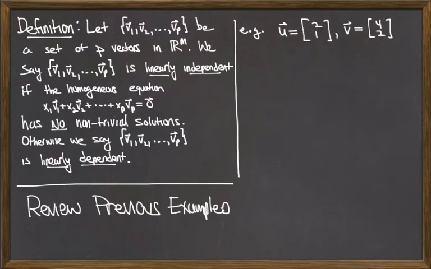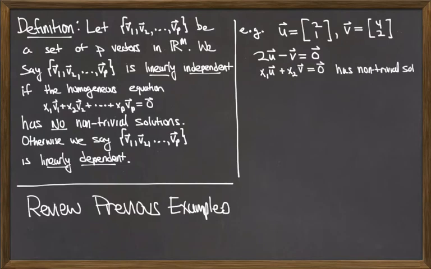Okay, so let's return to our first motivating example. We had u was (2, 1). We had v was (4, 2). We saw that we could double one of the vectors to get the second one, and we expressed it as a homogeneous expression: 2 times u minus v is equal to 0. According to the definition, the homogeneous equation relating those 2 vectors together must have some non-trivial solutions.